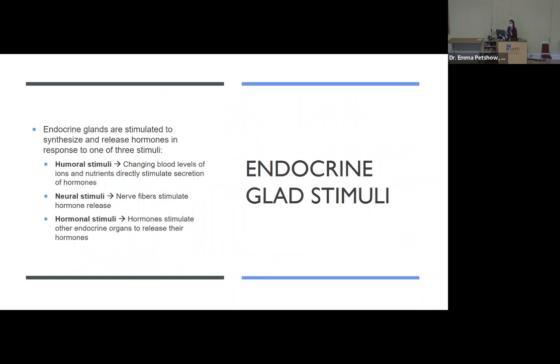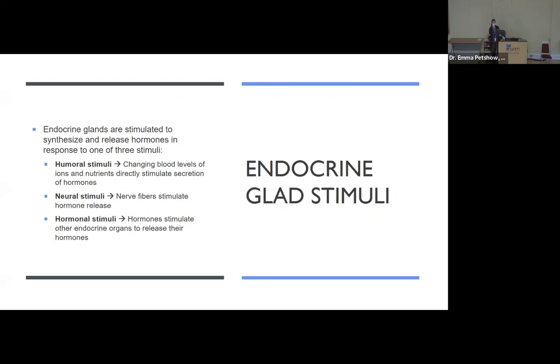Endocrine glands are stimulated to synthesize and release hormones in one of three different ways: humoral, neural, or hormonal stimuli. Humoral stimuli is by changing blood levels of certain ions and nutrients. They can directly stimulate a secretion of hormones.